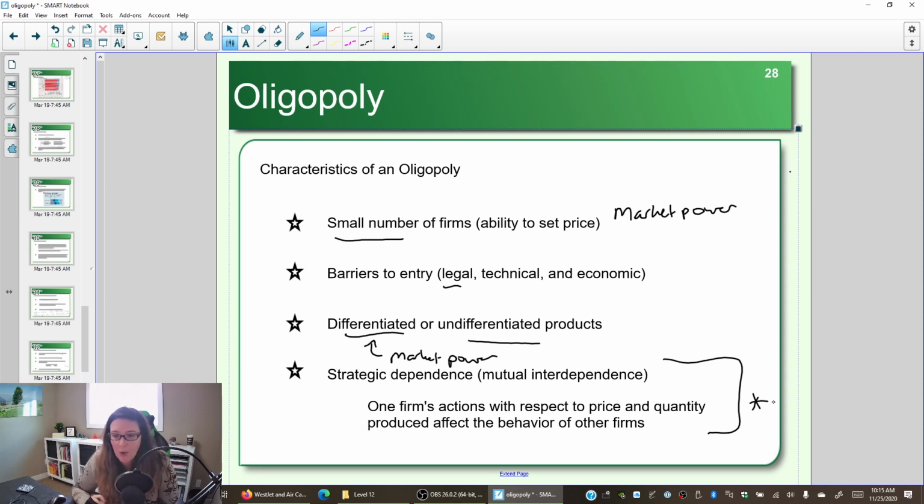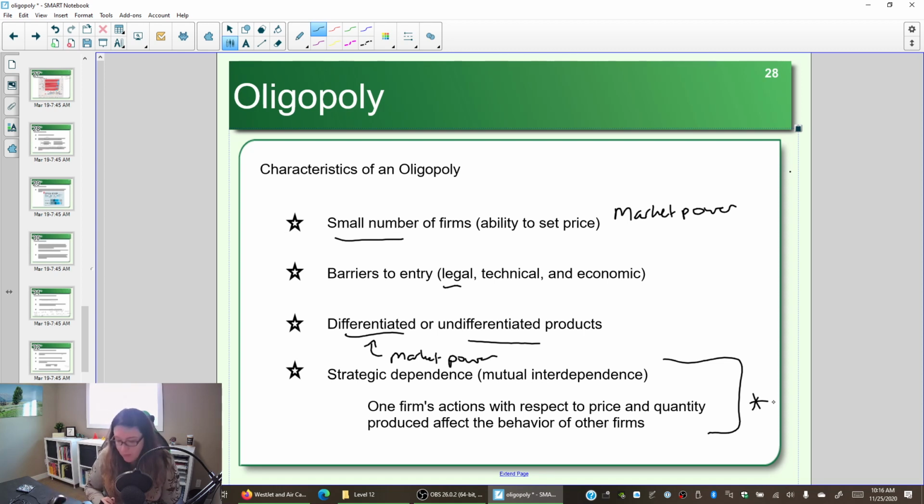Or they think about, well, what is the competitor likely to do? And then I'll make my decision based on that. Or if we do this marketing campaign, if we make this product, what will the competition do? If we change our price, what will the competition do? So there's a strategic dependence.